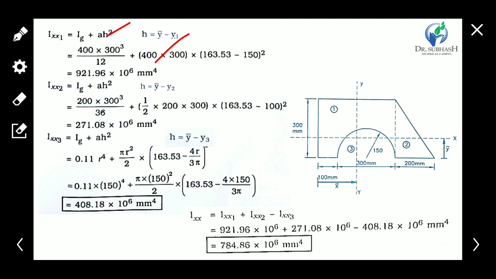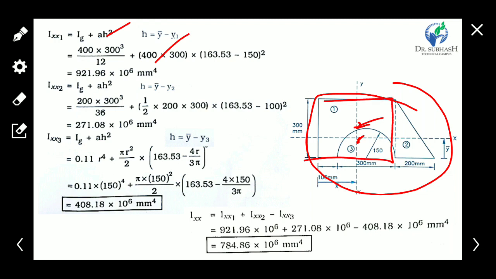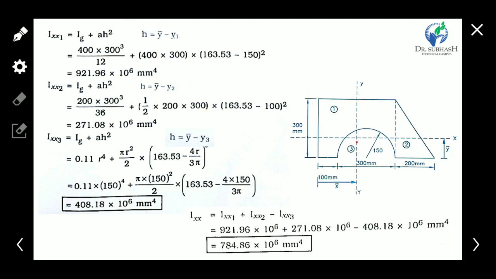The distance from the CG of the total area to the CG of the rectangle. So this distance we have to find out. It is called h or h1, whatever you say. For the first element, define h1. The h1 value is got from the y bar value. What is the y bar value?